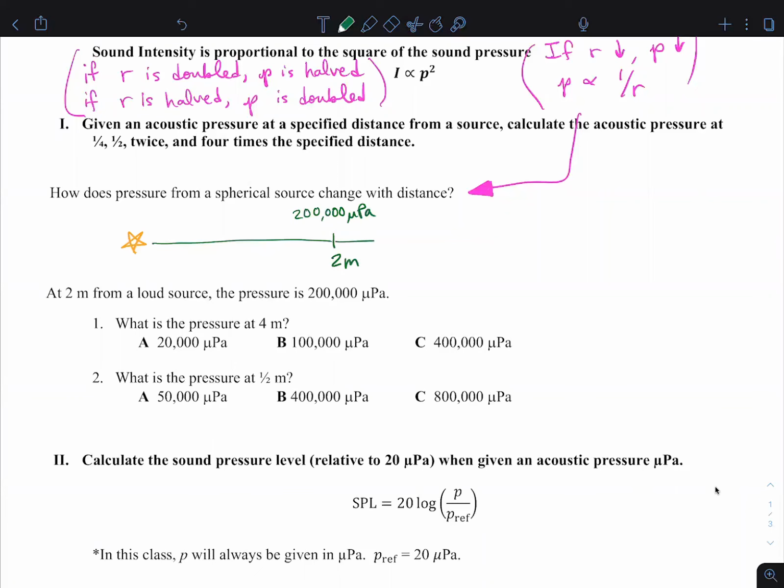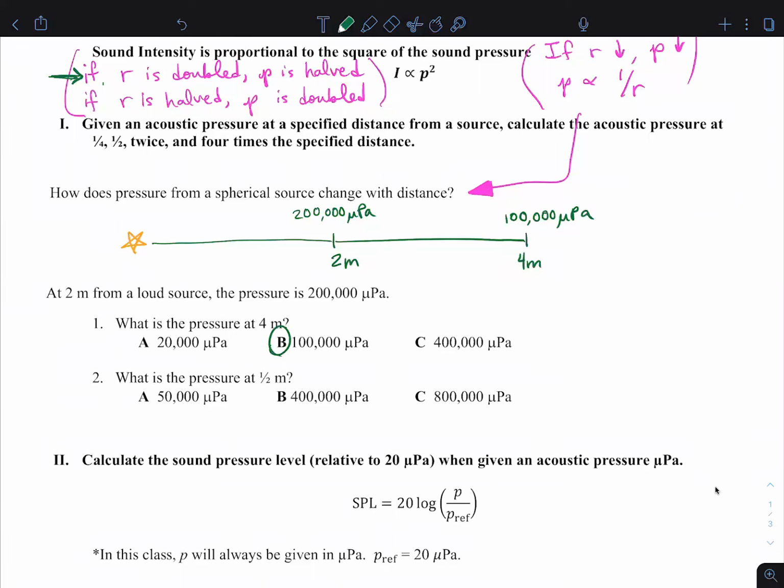The question is, if I double that distance out to 4 meters, what is my pressure? The first thing you say to yourself is, is it going to be bigger or smaller? Is it louder or quieter if I go farther from the source? We know it is going to be quieter. And because R is doubled, the pressure is halved, so that makes it 100,000 micropascals. So B is the answer.